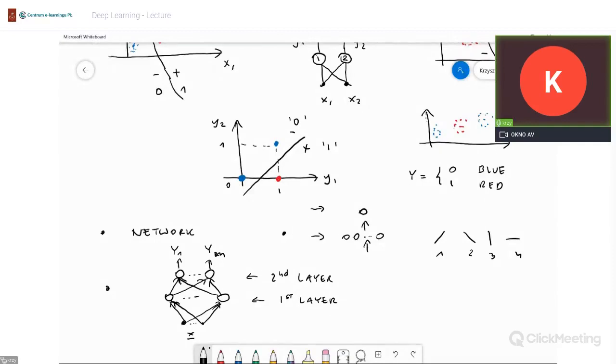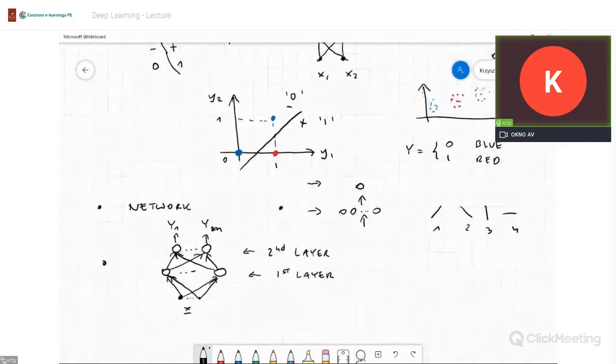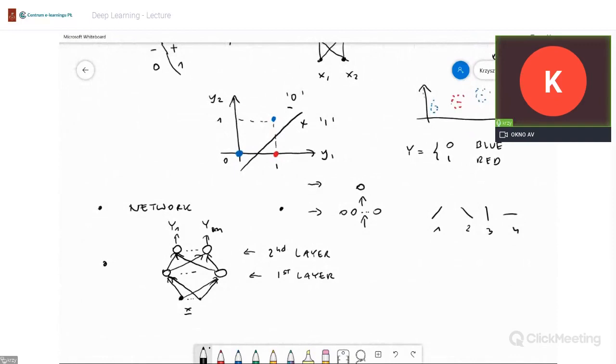So my next conclusion is that right now this is just a 2-layer network, but in general I will say that I have a multiple layer architecture.